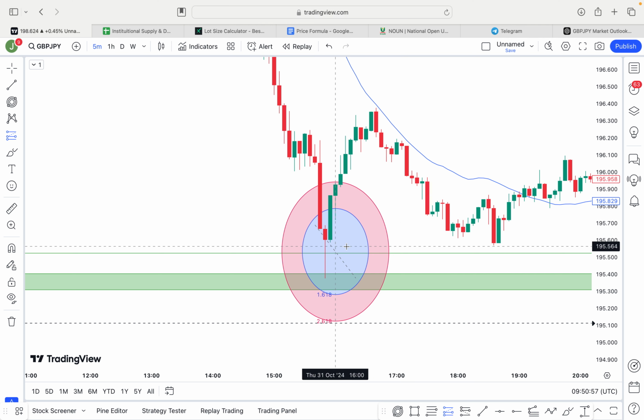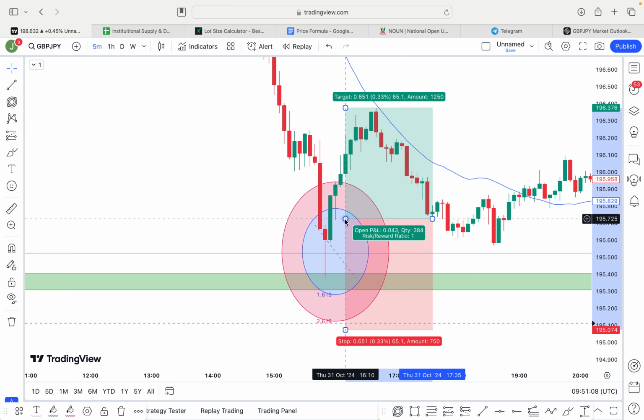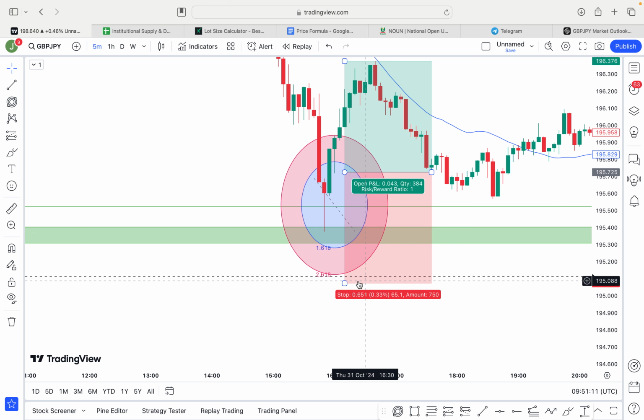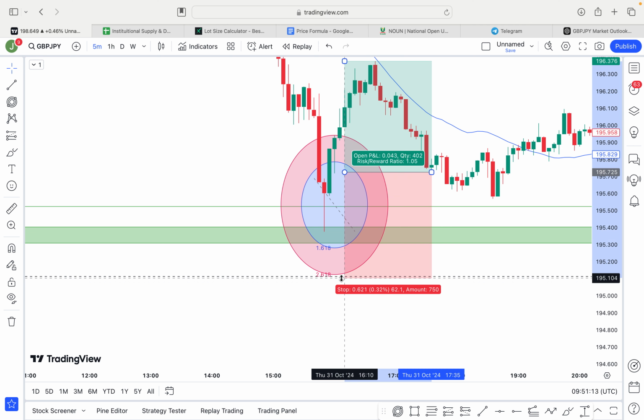So my rejection candle or catalyst candle, I enter my trades with stop orders. So in this case, I could place a buy stop order a few pips away from the rejection candle, and then bring my stop loss to this level, just a little bit.